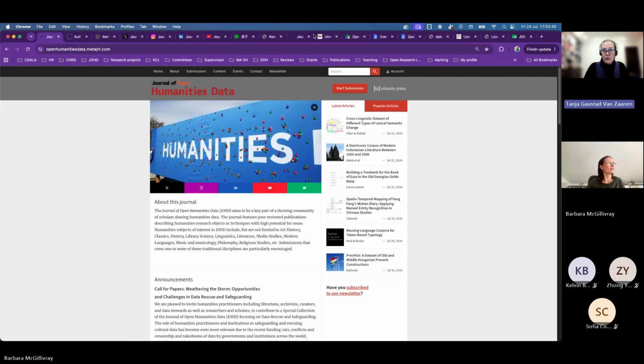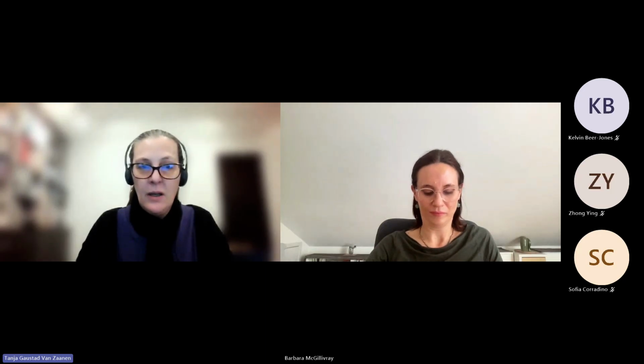Then it goes into the review phase, and that's where timelines can diverge, because if reviewers are busy, it might take a little bit longer. If you're in a niche area, it might take longer to find reviewers for your paper as well. Then you get a chance to respond to the reviews and revise your manuscript depending on what the reviewers thought about it.